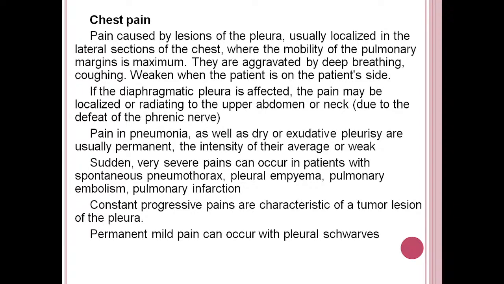It is aggravated by deep breathing and coughing, and weakens when the patient lies on the affected side. If the diaphragmatic pleura is affected, the pain may be localized or radiate to the upper abdomen or neck due to the involvement of the phrenic nerve.